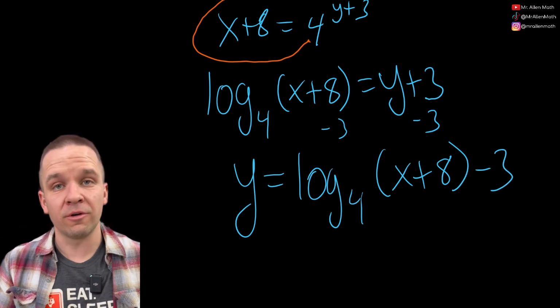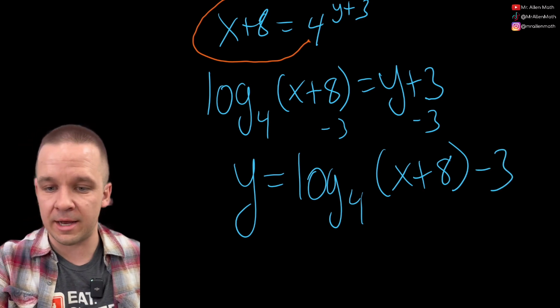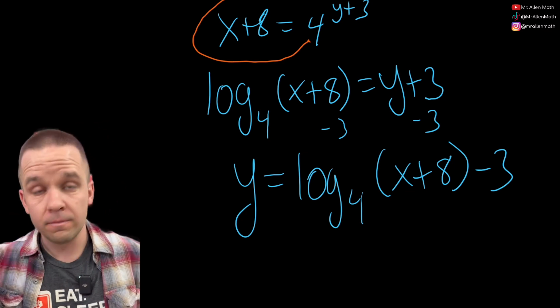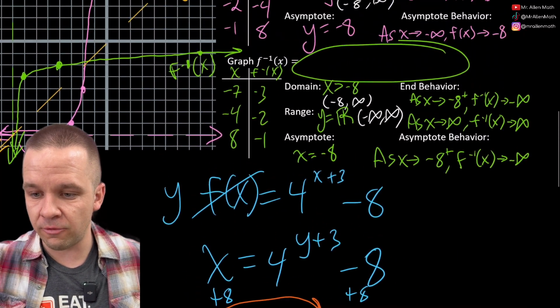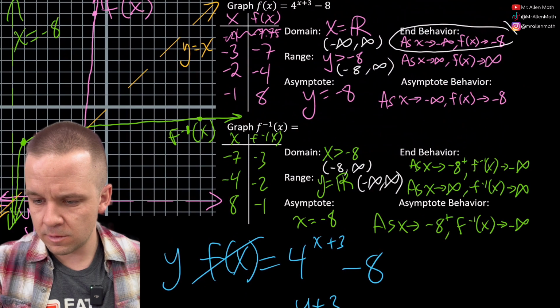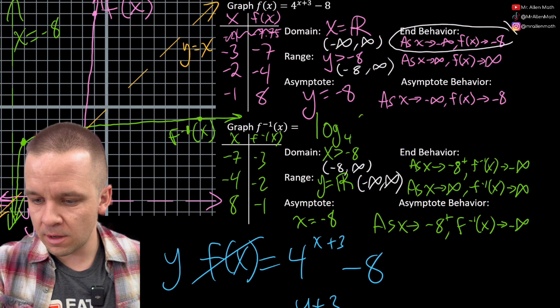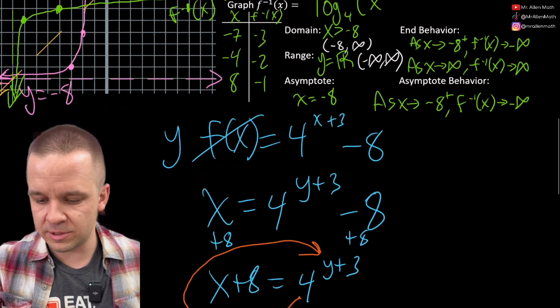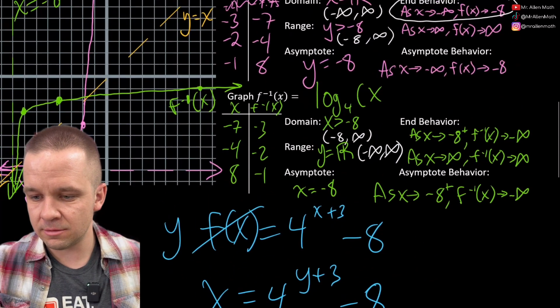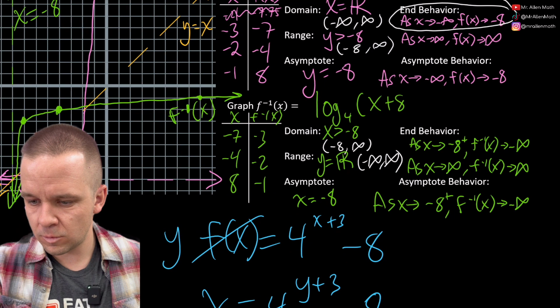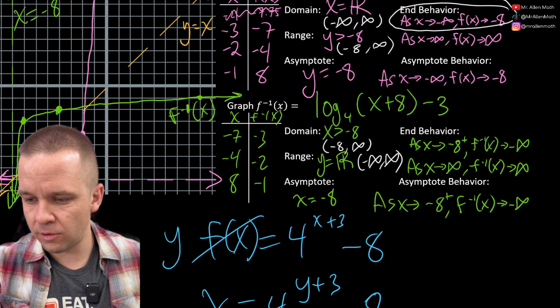That is my inverse. We'll write it with proper notation on our answer line in green. So there we go. We got log base 4 of x plus 8, minus 3.